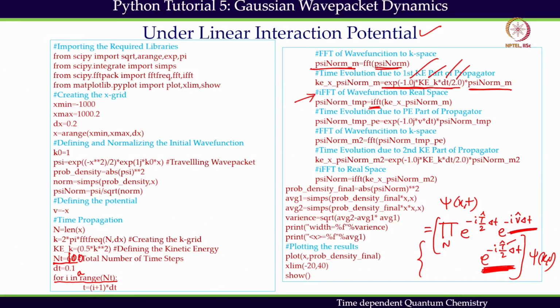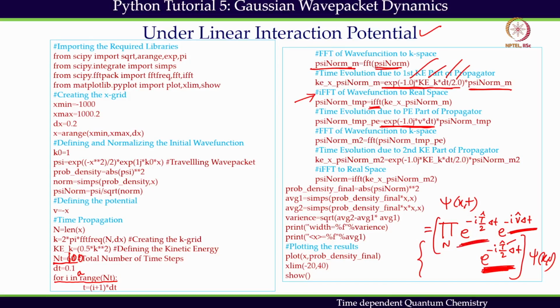Once we get the position space wave function, we apply the potential part of the split operator, and then again we have to carry out the kinetic energy part.